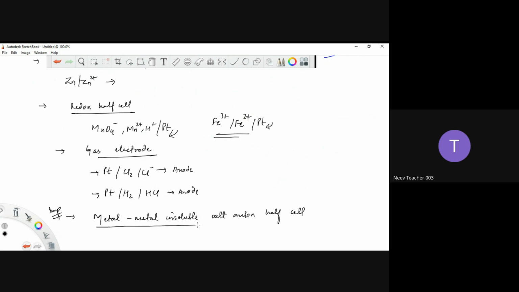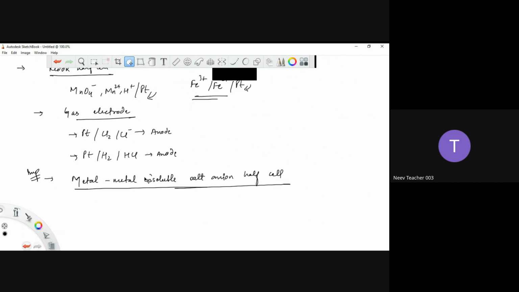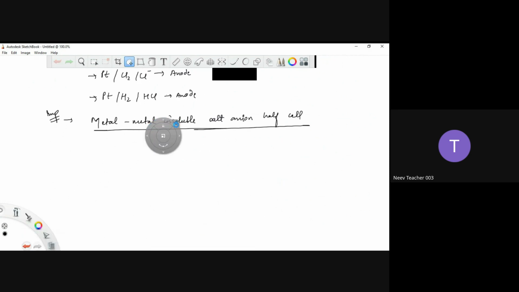This is important because it becomes very complicated when you write the cell reaction for this. How are you going to write the cell reaction, and then how are you going to find the EMF or E naught of the cell? That is also very tricky in this case. Okay, so I'll give one example.